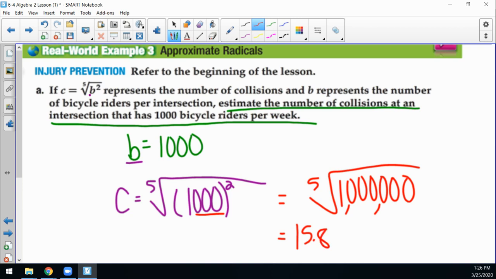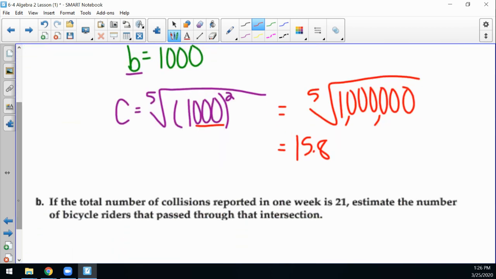The other way I could do it, and this is again personal preference, is to write this as 1,000 to the 2/5 power, right? That's another option right there.